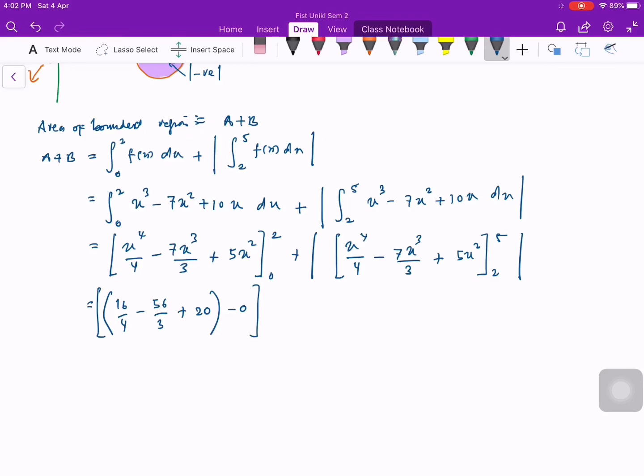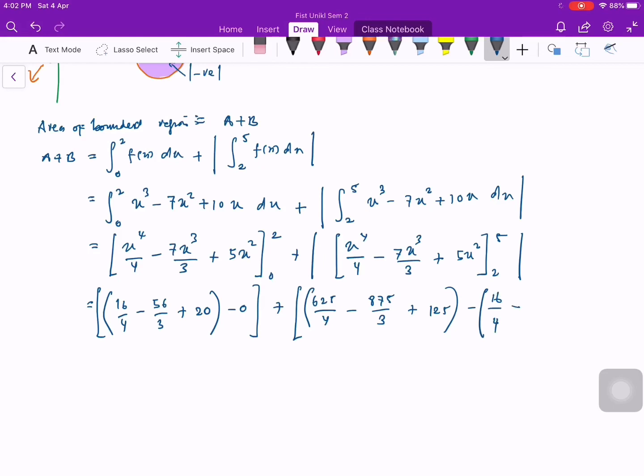Alright, and then plus with sini substitute the value of 5. Saya akan dapat 625 over 4 minus with 875 over 3 plus with 125. Okay, minus with 16 over 4.